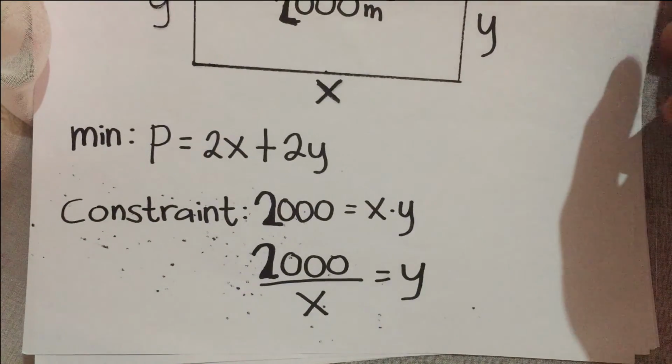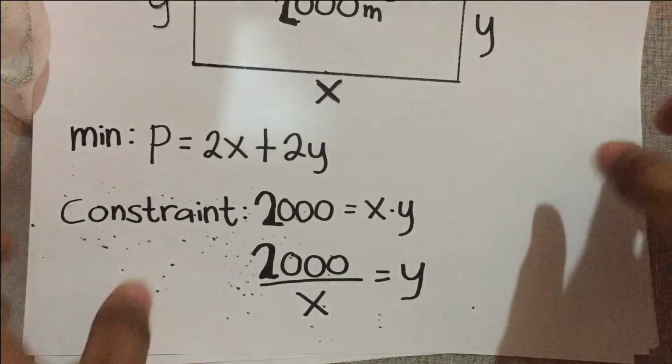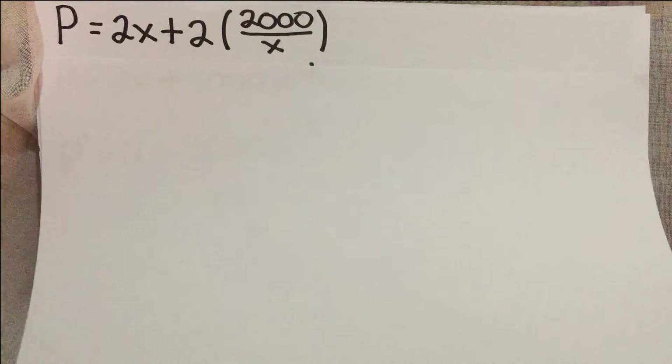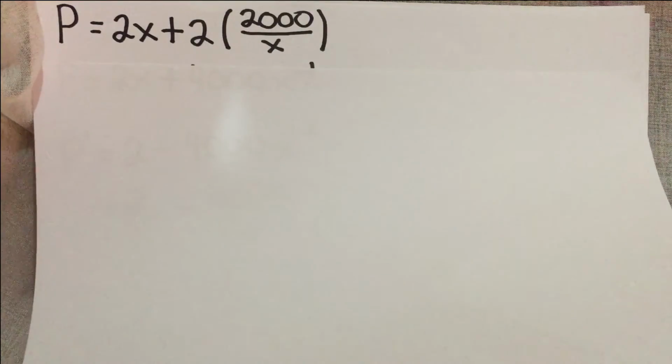We transpose x so that we have the value of y. The only variable we want to find next is the value of x. So we substitute y, because we know that y equals 2000 over x.